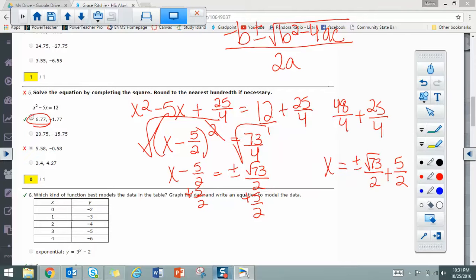The other answer, remember, is 73, square root it, make it negative. So negative square root of 73. Now divide by 2, but still add 2.5, and it's negative 1.77. Completing the square is a pretty rough process, but again, it does work for solving quadratics.